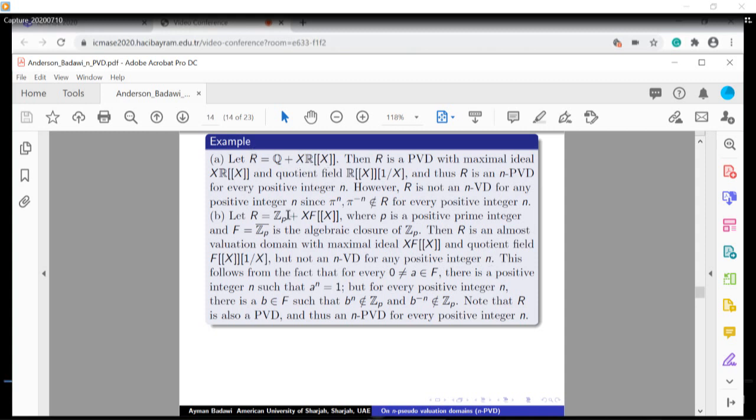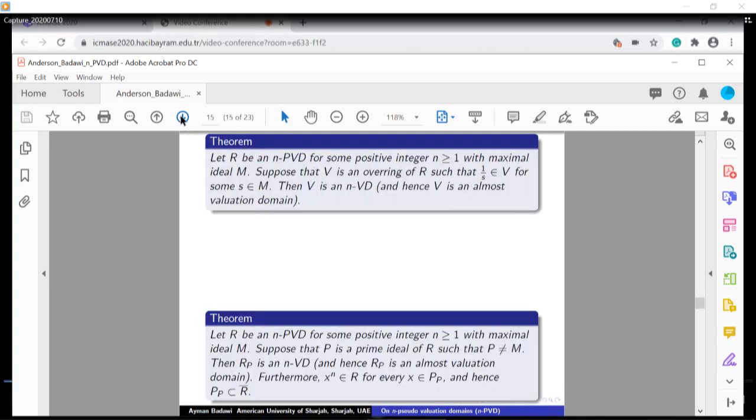So if you take this ring here, and this ring here, we claim that you can read it. Here are other properties.